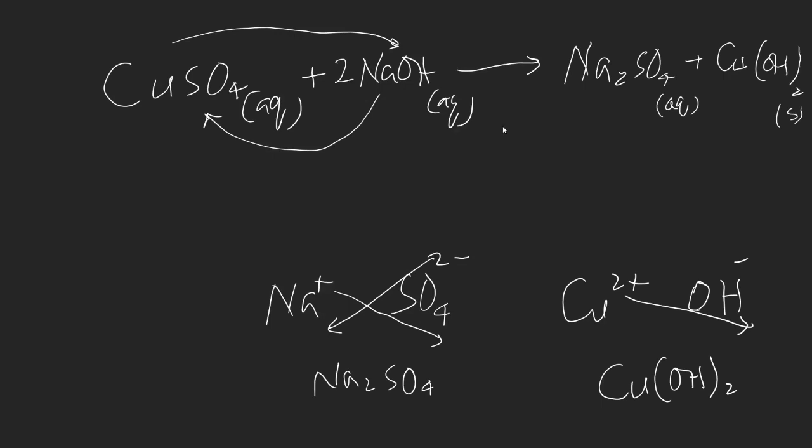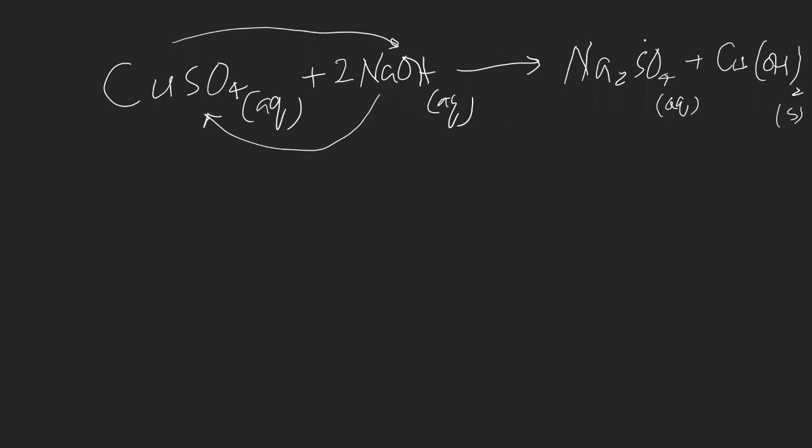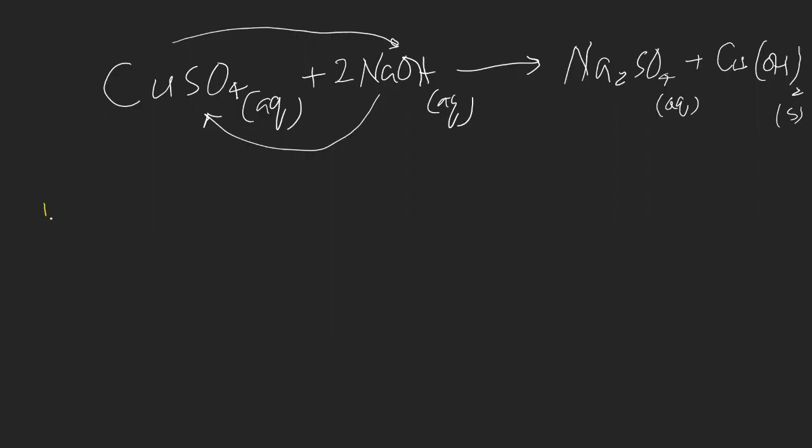Now, other than the full equation, sometimes you're required to write an ionic equation. So what does ionic equation mean? It means that you write the equation with only the ions which are making the precipitate.